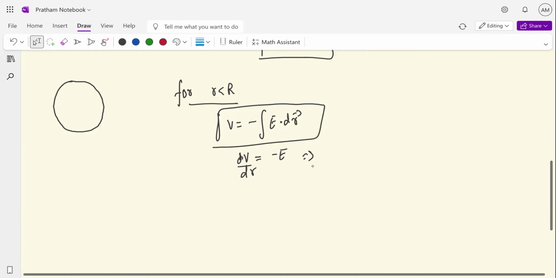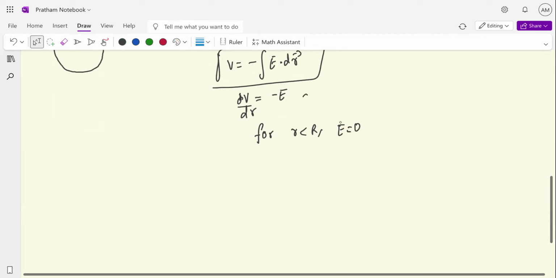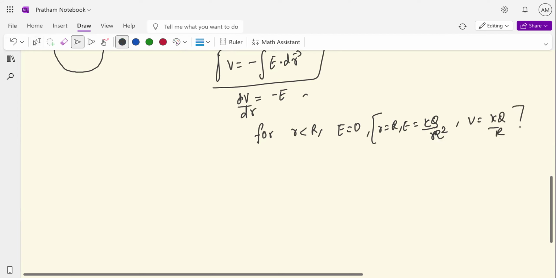So for r less than R, E is equal to zero. And at r equals R, what is E? kq divided by r square. And the potential you have here is kq divided by R. Clear?